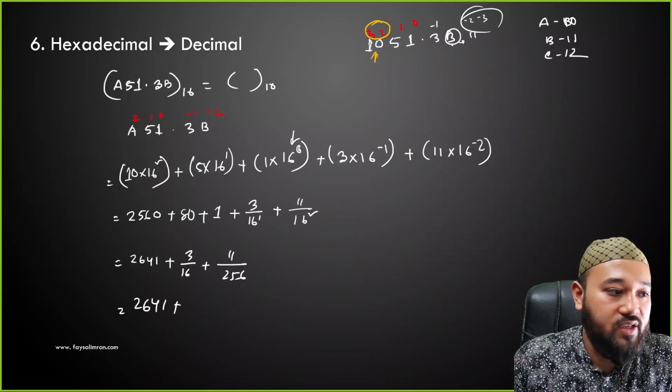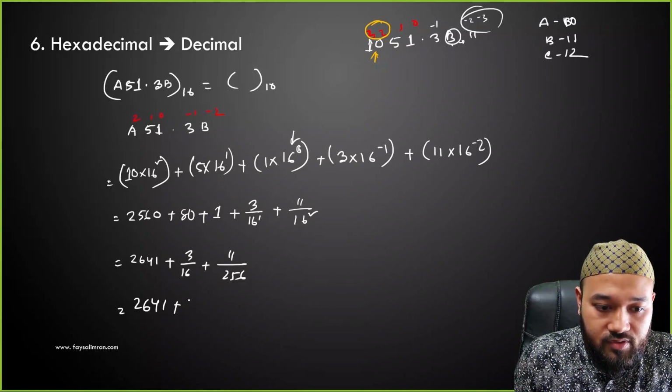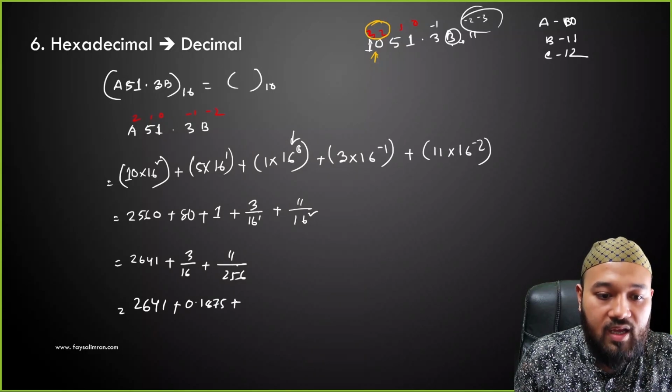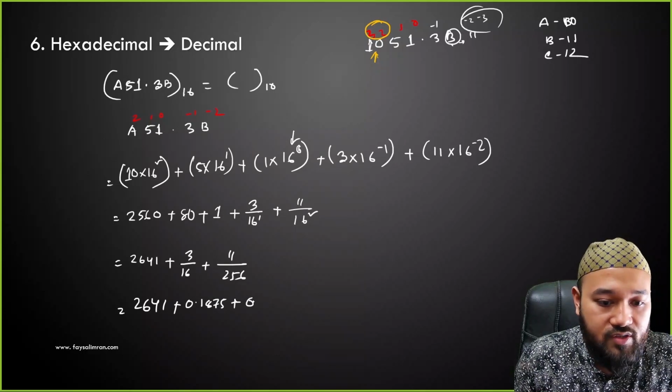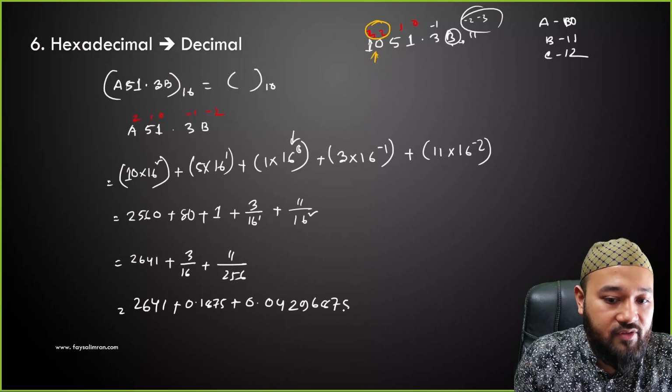Okay, we have to write both of the digits here. 0.1875 plus 11 by 256 is 0.04296875.